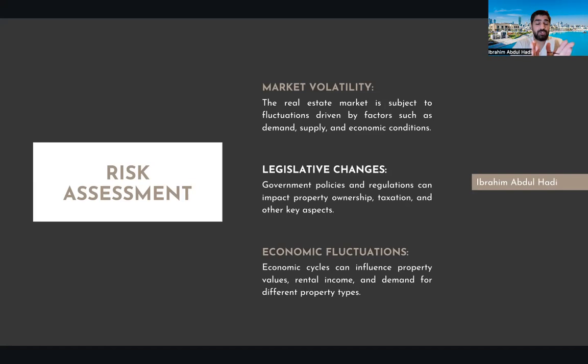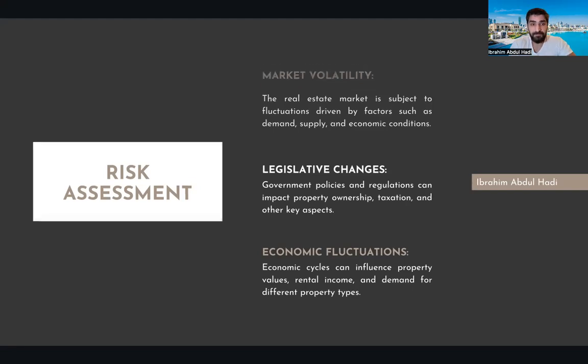And this is how we saw government policy and regulation improve the market, to push the market, such as the golden visa. Fluctuation in the economy influences property value in terms of rental income, and demand in different property types.